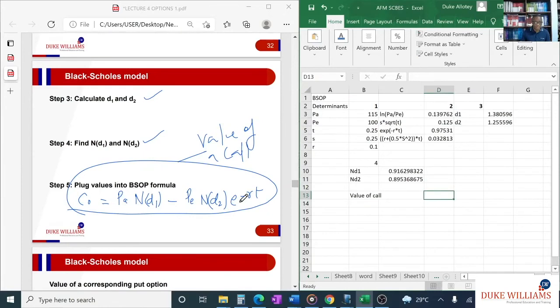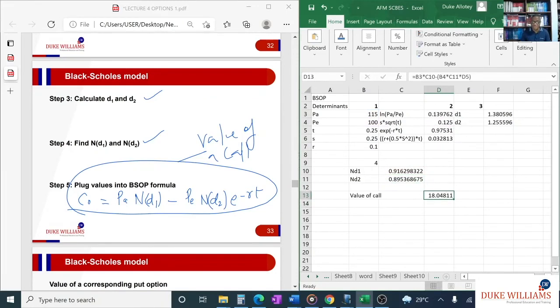Looking at what I see on the left here, it is equal to PA multiplied by ND1, and I have my ND1 here. Then subtract, I would need to open up a bracket because there are three things there. PE multiplied by ND2, I can find here, multiplied by E exponent RT, which I do have here, and that should give me that value.